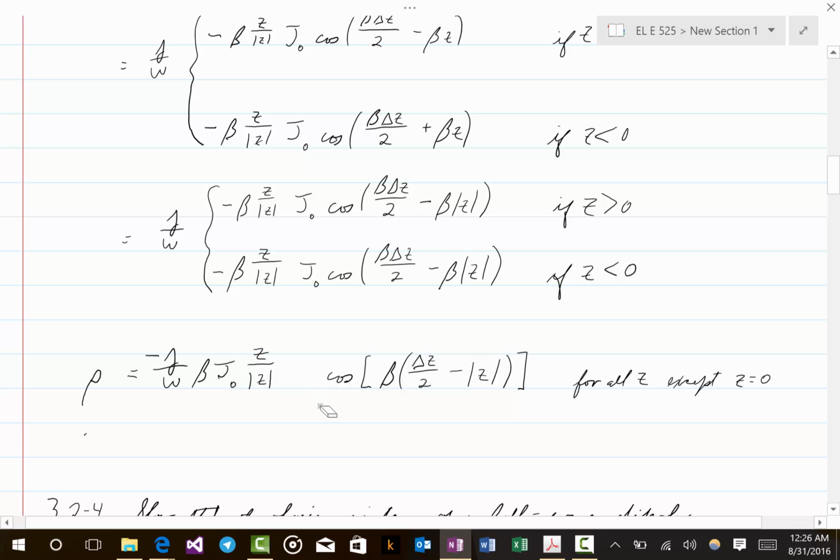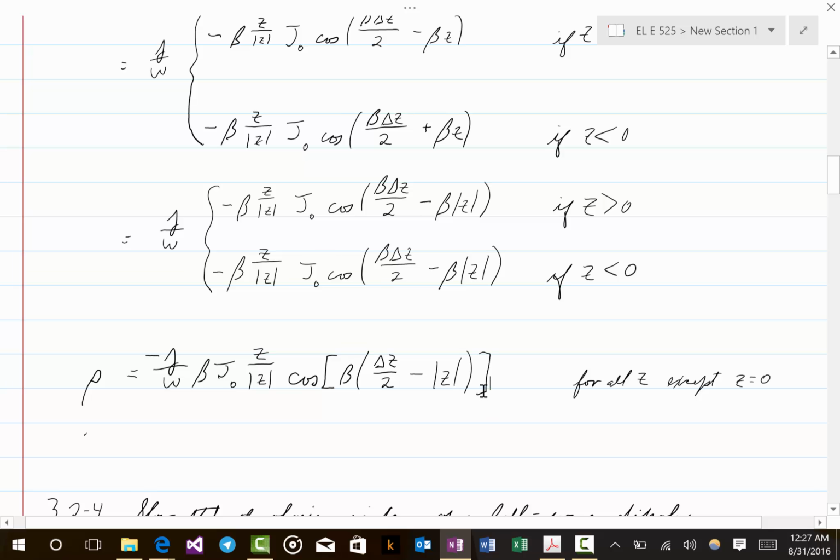Okay, so there we go. So again, rho is minus j over omega times beta j naught z divided by absolute value of z, and then the cosine, and we've factored out the beta here, so cosine of beta times delta z over 2 minus absolute value of z.